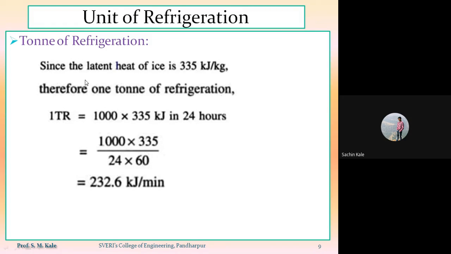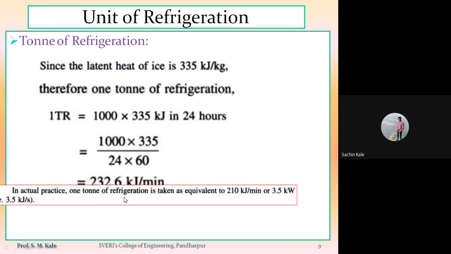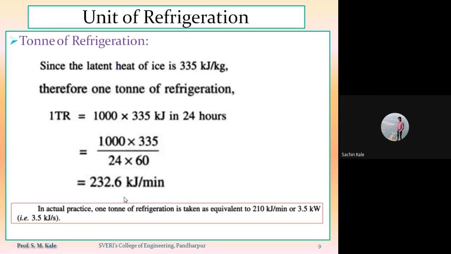We are converting 1 ton of ice from 0 degree centigrade ice into 0 degree centigrade water, so for 1 ton of ice we take the latent heat as 335 kilojoule per kg in 24 hours. So we get the value of 1 TR as 232.6 kilojoule per minute, but approximately we take that value as 210 kilojoule per minute.